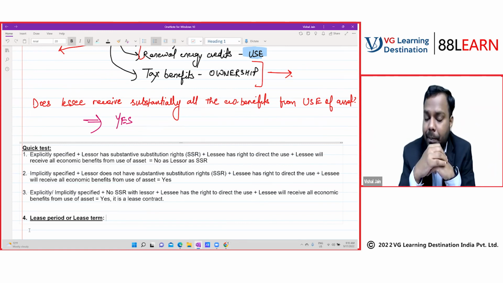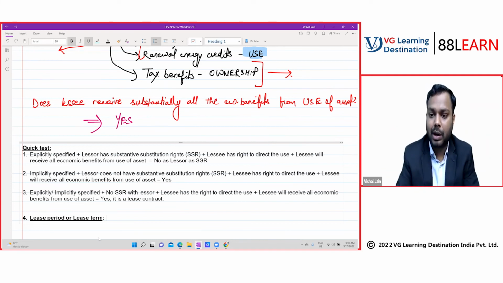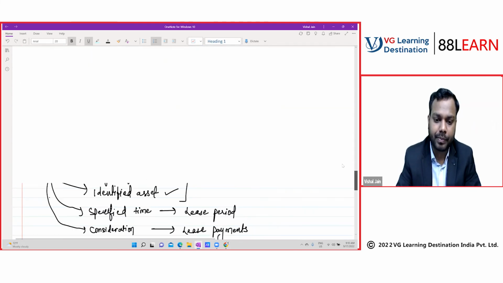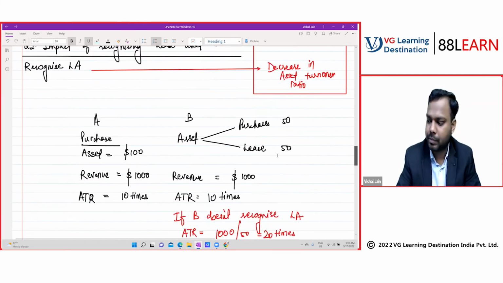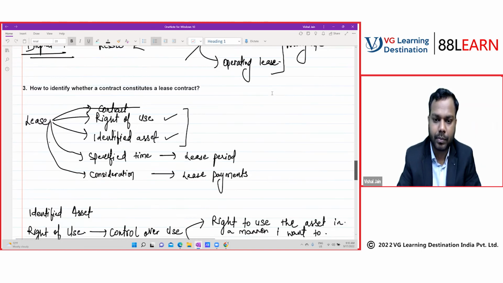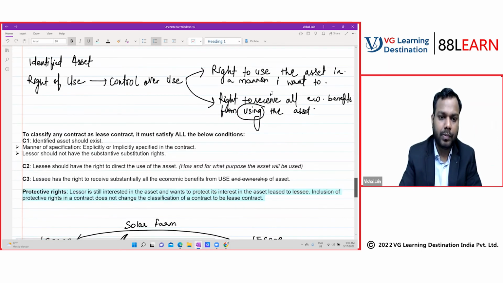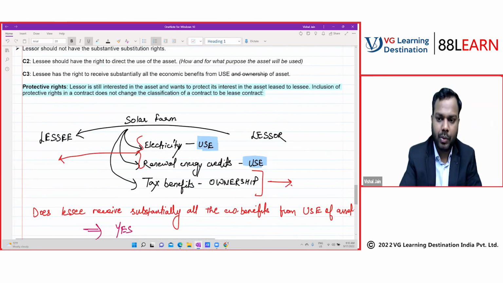It doesn't impact in any manner. No impact.